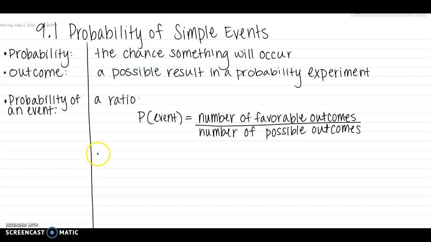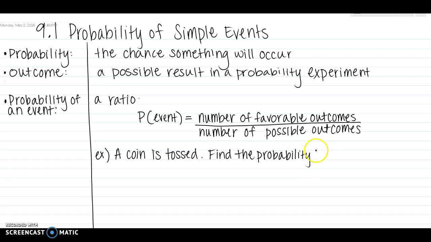So, for example, a real simple example, tossing a coin. So it says a coin is tossed. Find the probability of the coin landing on tails.